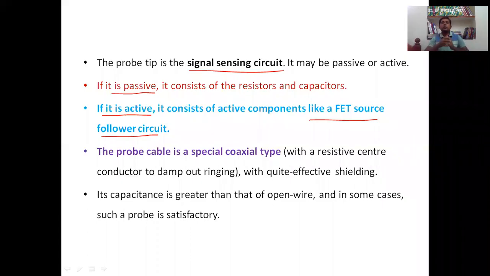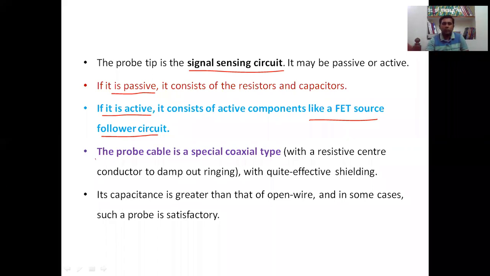These are classified based on their probe tip elements. Passive means it may consist of resistors and capacitors. And active means it may have a BJT or bipolar junction transistor, field effect transistor, or voltage follower circuits.